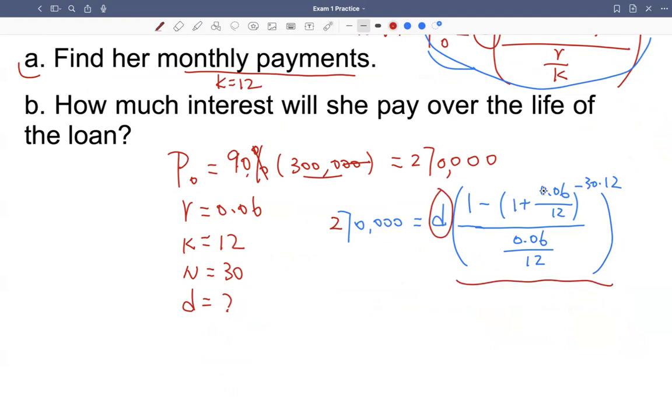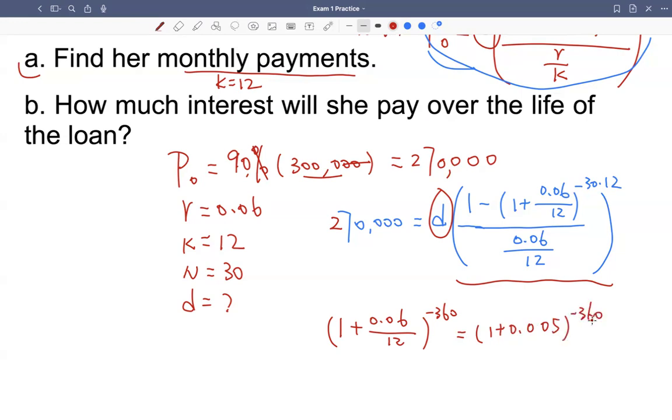So inside the parentheses we have 0.06 divided by 12. So 1 plus 0.06 divided by 12, raised to negative 30 times 12, that's 360. So 0.06 divided by 12, that's 0.005.